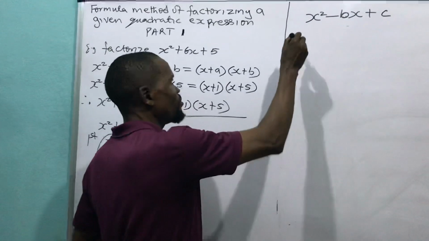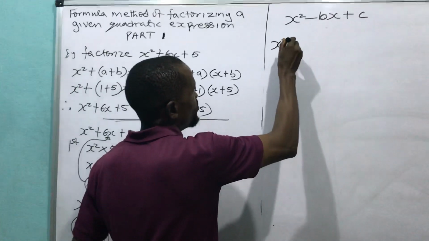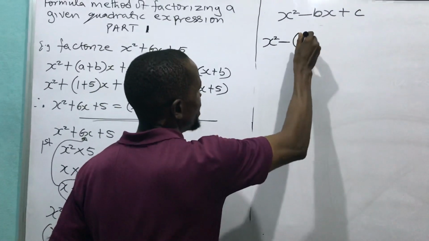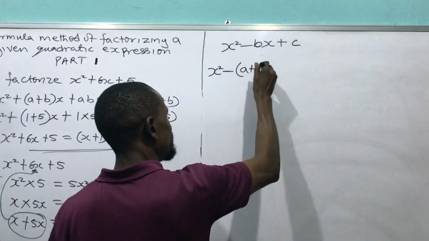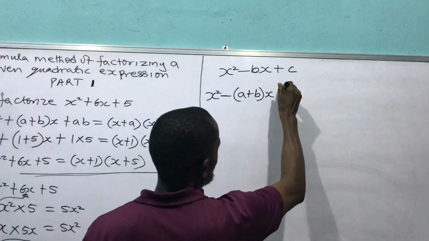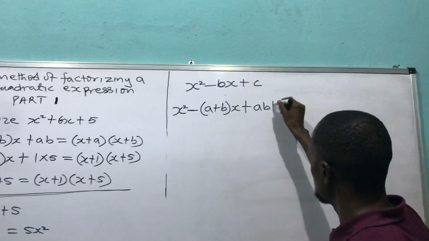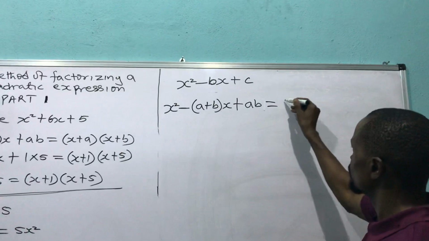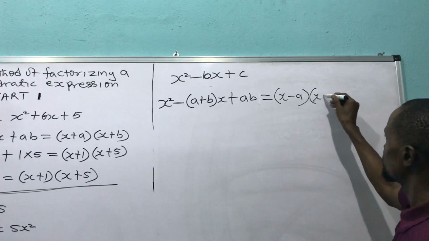I will use my formula: x squared minus (a plus b)x plus ab is equal to (x minus a) into (x minus b).